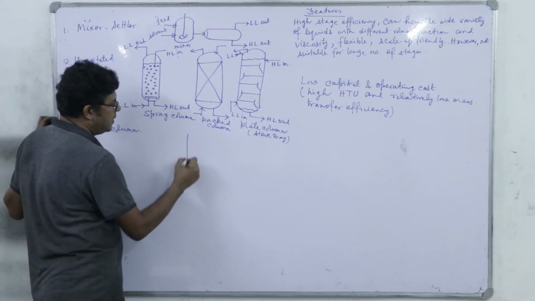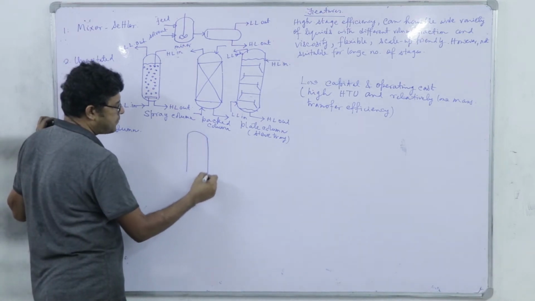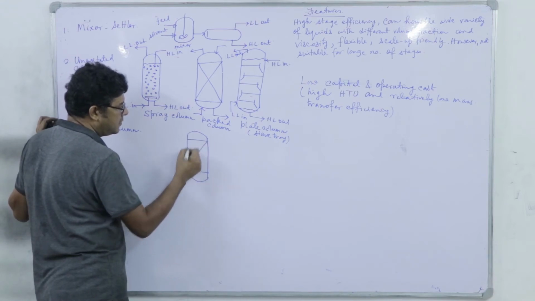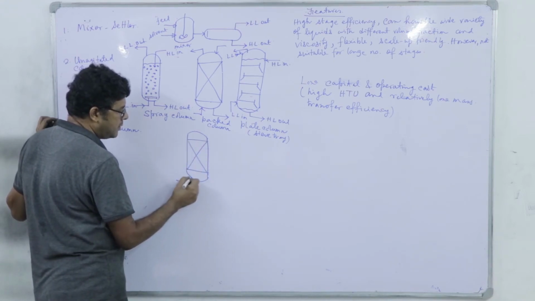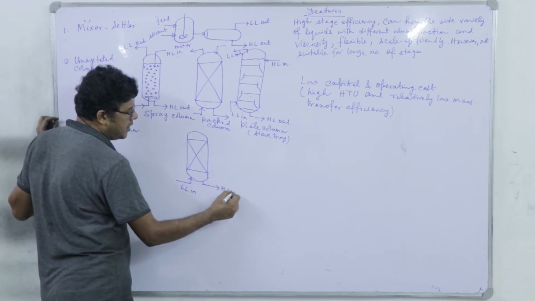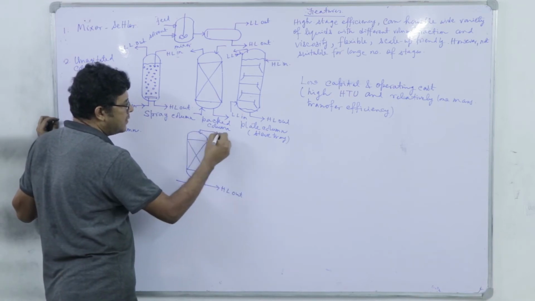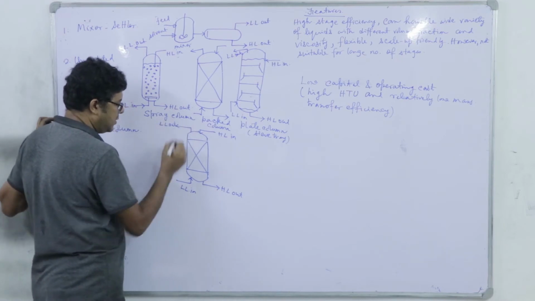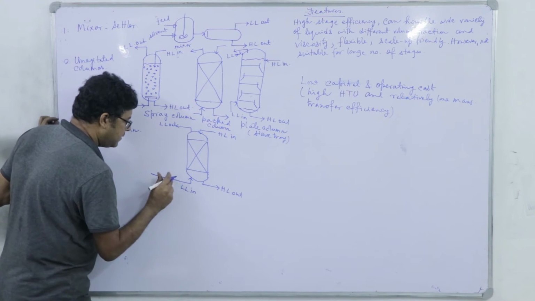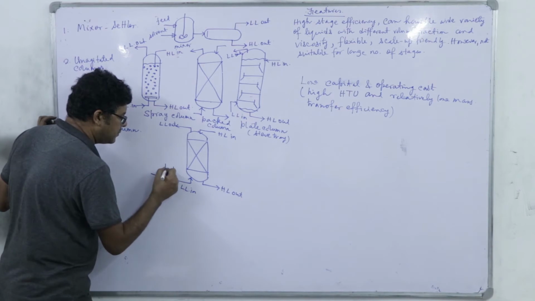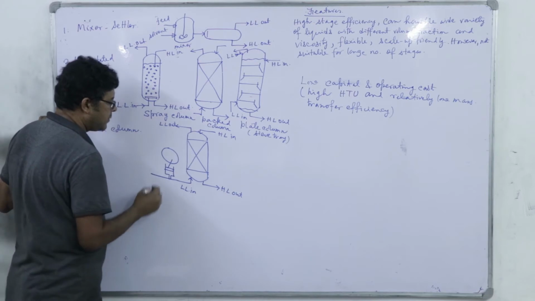This simply, you see, we can use a packed bed as well. A packed bed, the structure again it's same. Light liquid in, heavy liquid out. Here we have heavy liquid in and light liquid out. However, in this line we attach a pulsating cylinder, piston cylinder assembly. Right.